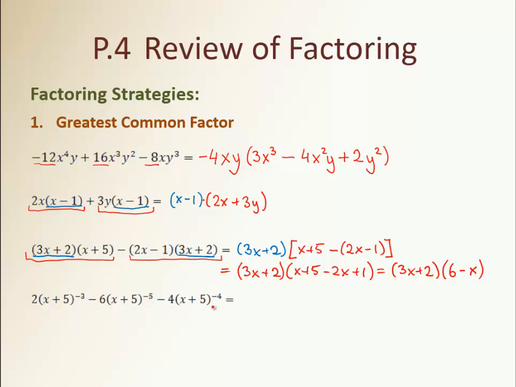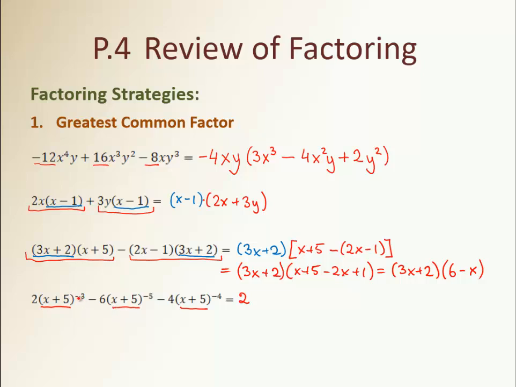We have quite an interesting example here. We have 3 terms. We do have a common factor in numerical coefficients, which is 2. So let's take 2 outside. But we also have the same bracket, except that the exponents are negative. Well, we follow exactly the same rule as before. We take the common bracket to the lowest exponent.